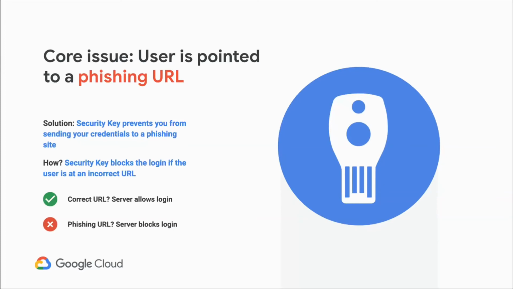And when we first rolled out the keys, I remember a year after they were rolled out, we were told that for a year, there were no phishing attacks on any of the Google employees actually using these keys. So this is a great way to help you minimize this.